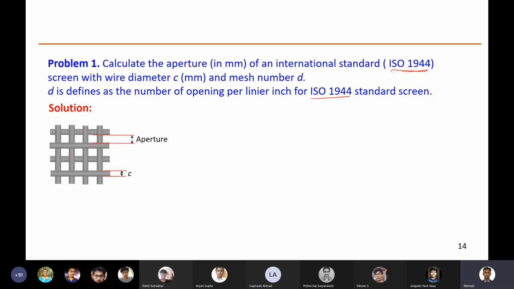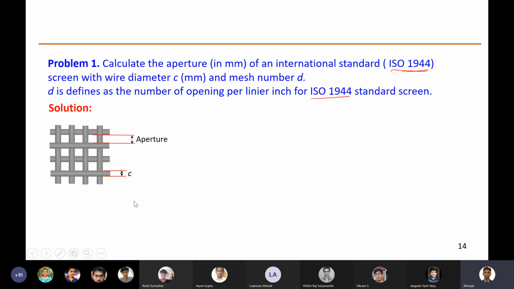So let's see the screen closely, right? This is the way we define aperture. So this length is basically the aperture, the length of the square opening that we have in a screen. And this is the thickness of the wire, right? The screens are made of wires, by stacking the wires in a crisscross way. So this is the width of one individual wire, which is given as C millimeter, right?